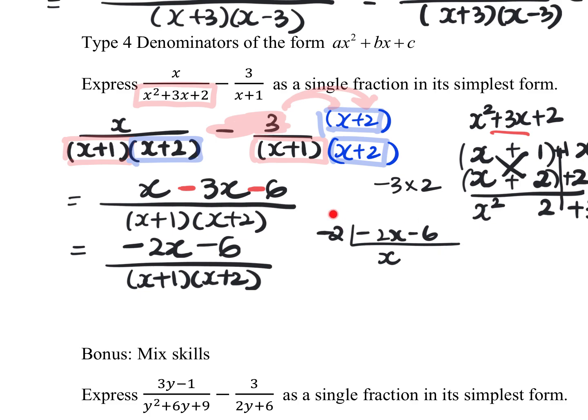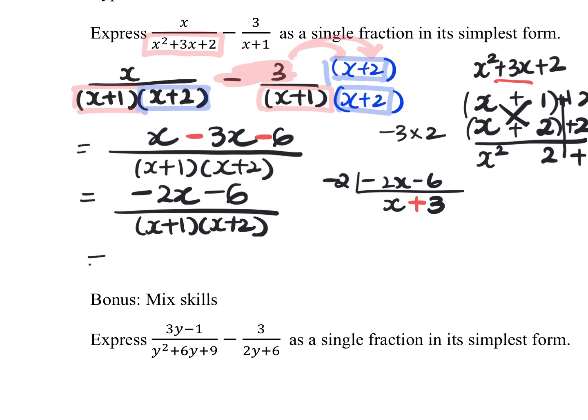Negative 6 divided by negative 2 will give you a positive 3. Those of you who are not very good at handling negative signs, you can factorize out just the number 2 on your own. So in this case, I write down negative 2 bracket x plus 3 followed by x plus 1, x plus 2.